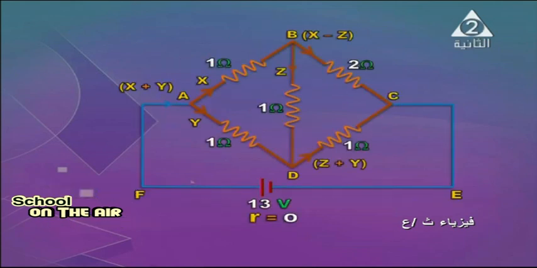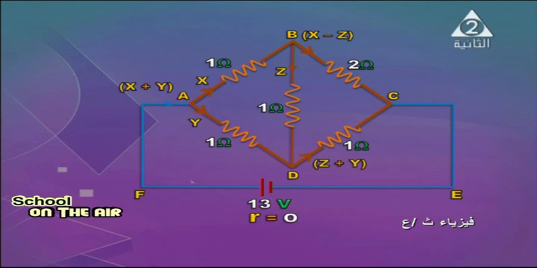Now your attention, please. Assume that the total current equals X plus Y. We'll take it one by one. Total current equals X plus Y. What happens to the current at node A?